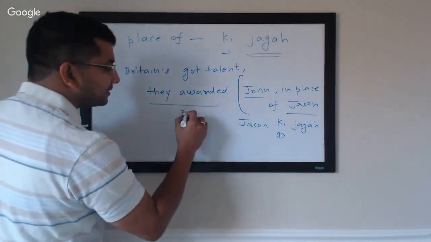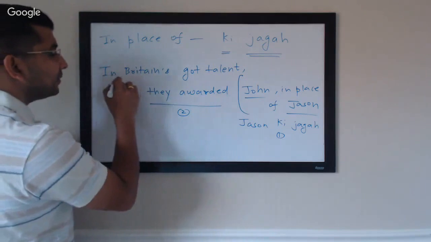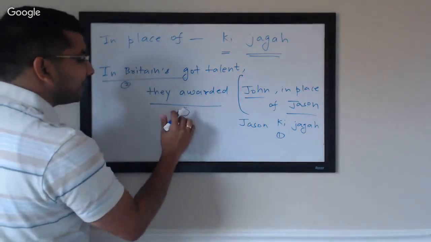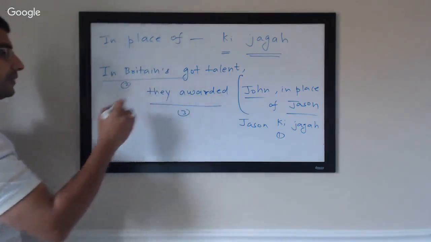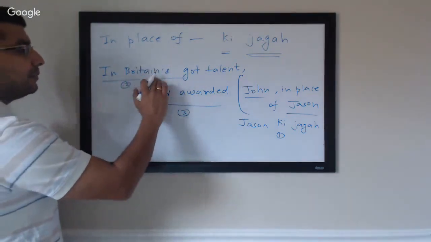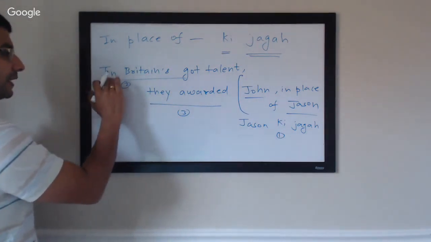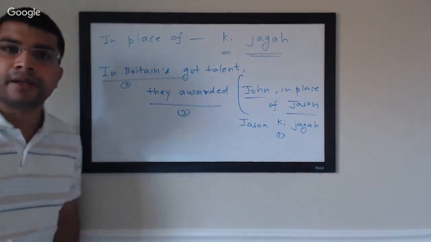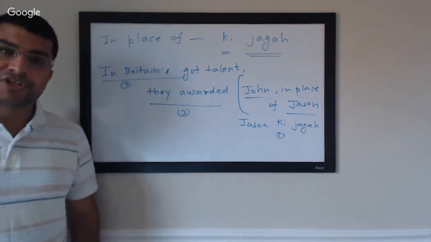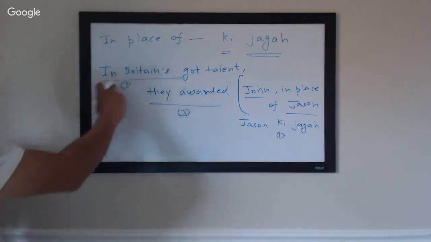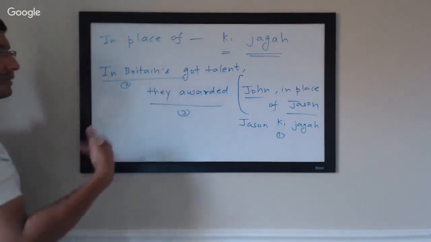The second segment will be in Britain's Got Talent, and the third one will be this one. In Britain's Got Talent would be Britain's Got Talent में, because there's a postposition in, right? So in Delhi में, in my city, मेरे शहर में, in London में.